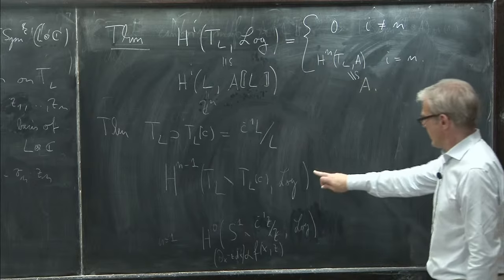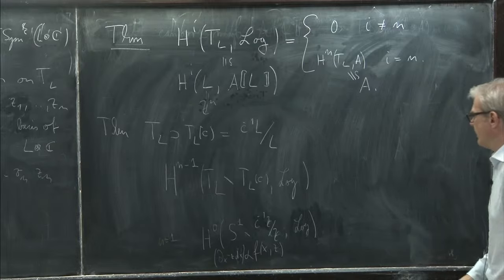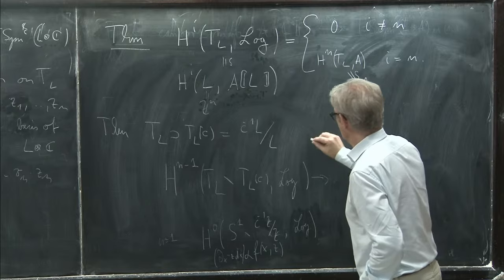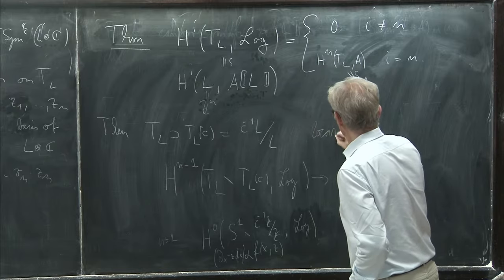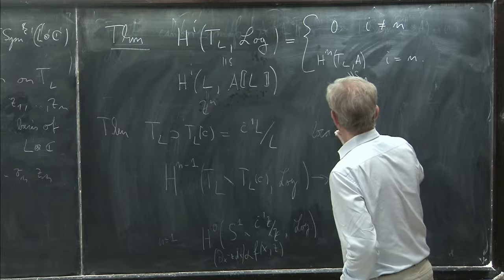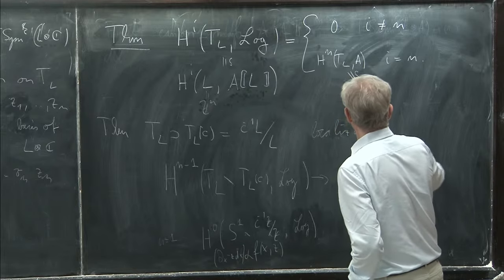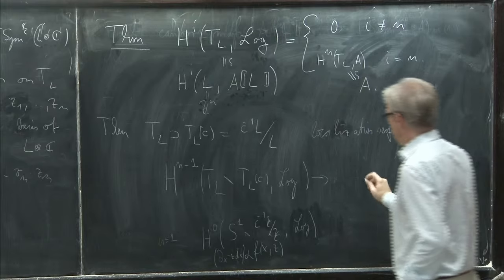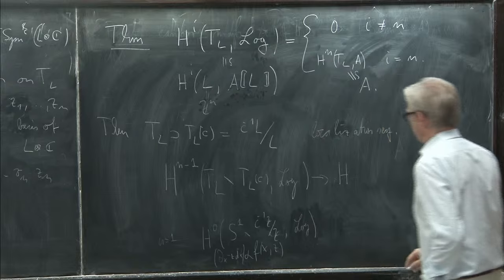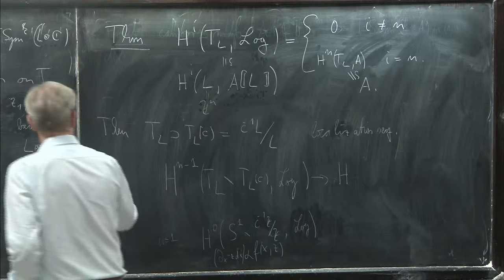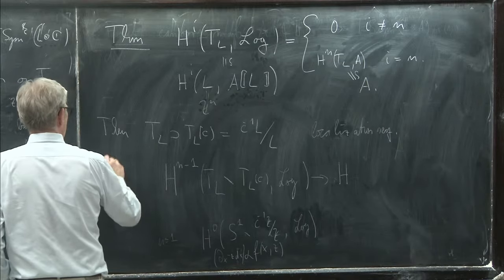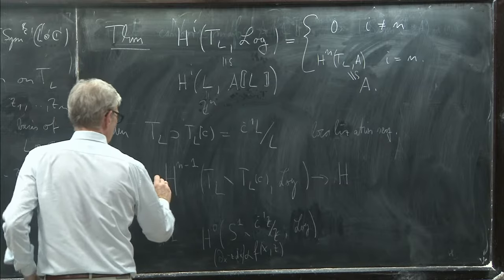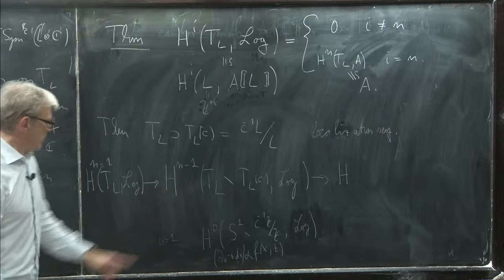So in general, we want to have cohomology classes here. And now there is the localization sequence in cohomology, which gives you the following sequence. So you get here H n minus 1 of the torus with values in log goes to the H n minus 1 here.